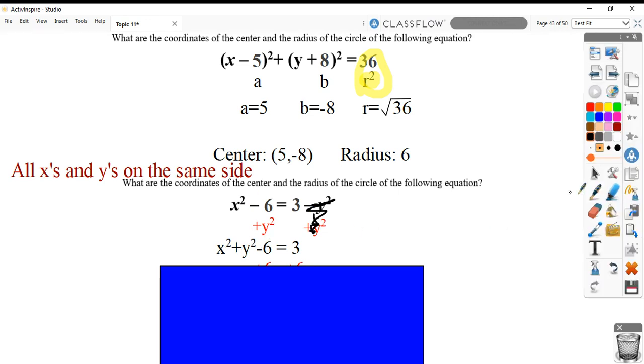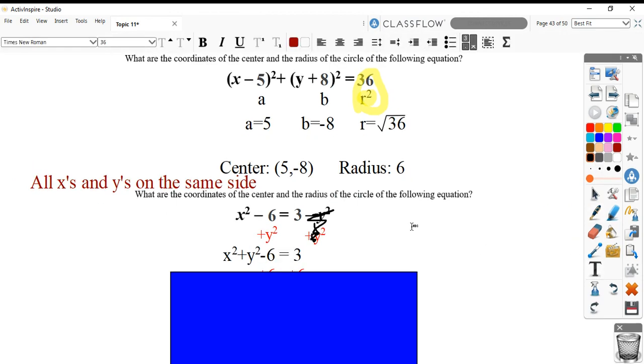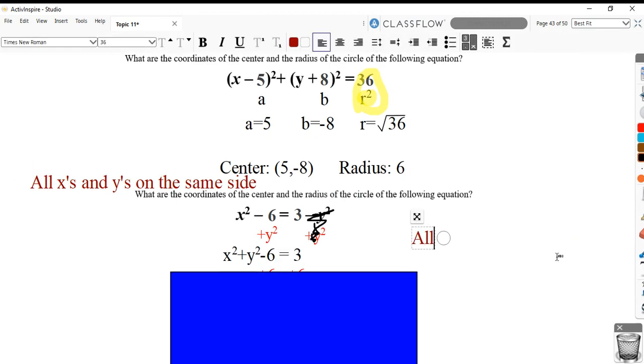Well, the next thing we want to do is move all numbers, all constants, to the other side. That's the second thing we want to do. So this minus 6 has got to go. You see this up here? We don't have anything outside of parentheses on its own.